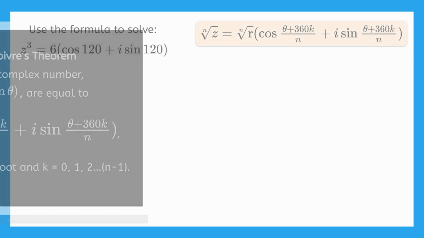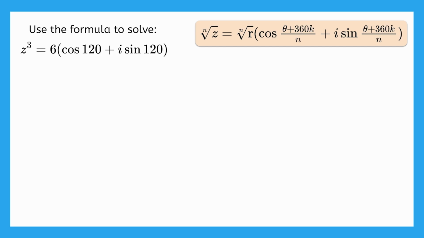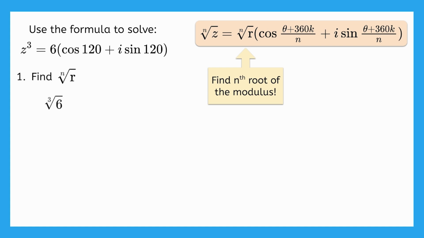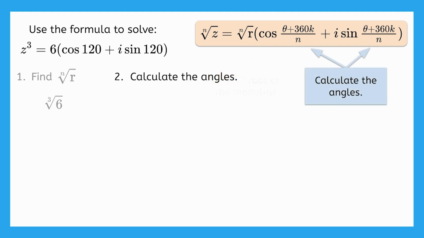Let's use the formula to solve the equation z cubed equals 6 times cosine 120 plus i sine 120. To start, the formula says to find the nth root of the modulus. So I take the cube root of 6, which cannot be simplified. Then I use this expression to calculate the angles for each root.